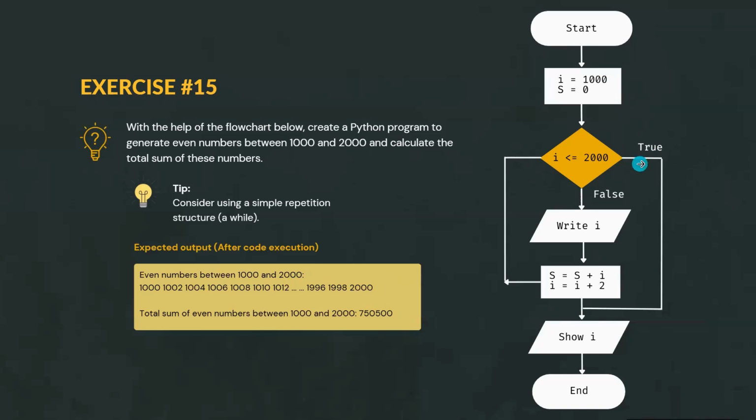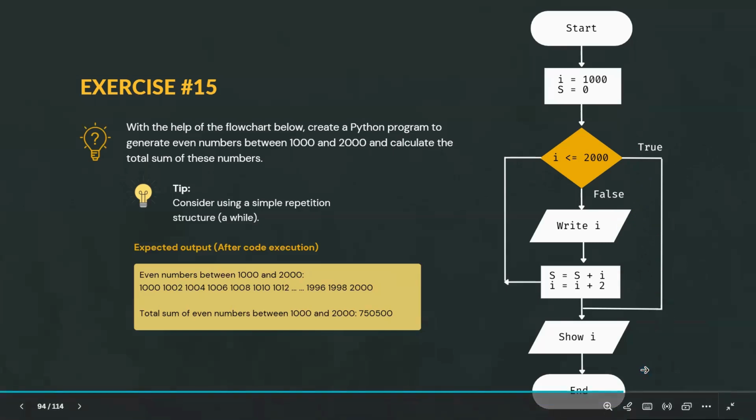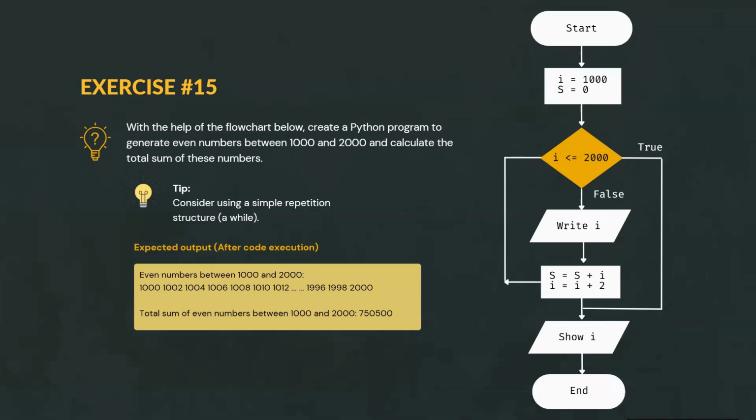As long as I is less than or equal to 2000, we print the number I, add it to our sum s, and increase I by 2 because we only want even numbers. Once we cross 2000, this condition is false, so we come out of the loop, end the program, and finally print the sum.